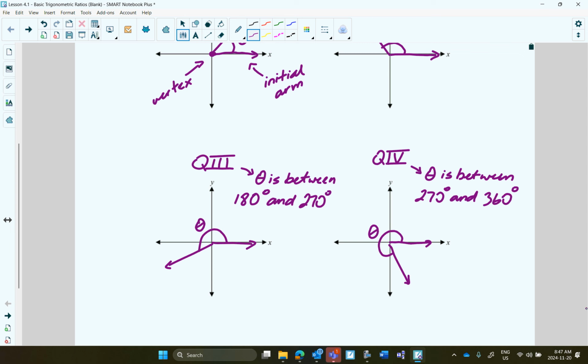Okay. So that's the first part, is drawing these angles using a coordinate grid.